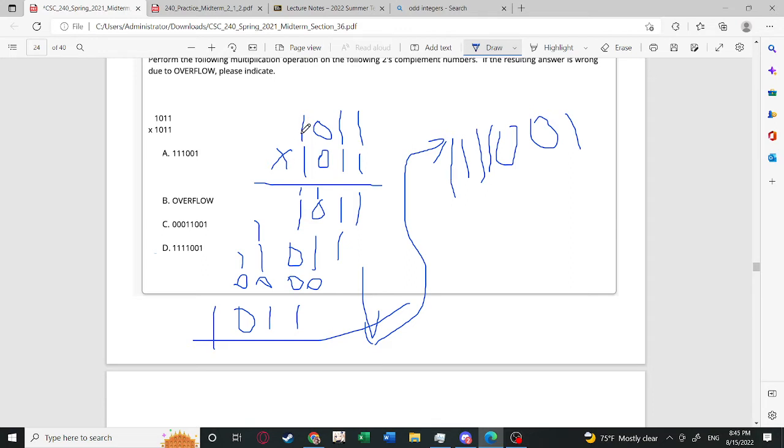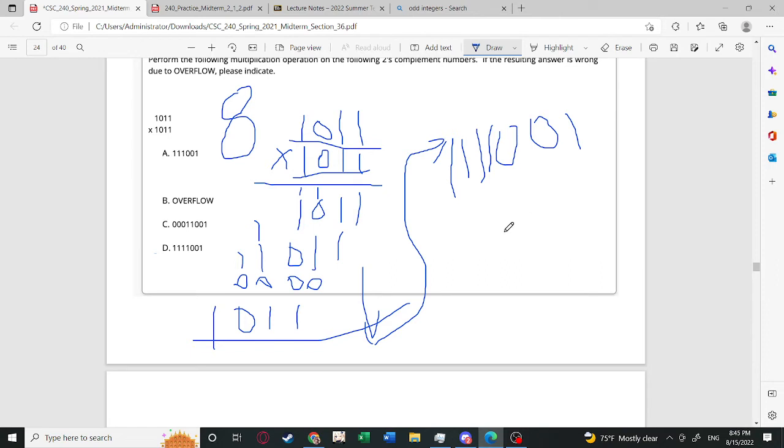If we convert this, sorry. This is a 4-bit integer. Your answer can contain up to 8 bits. Now 1, 2, 3, 4, 5, 6, 7.